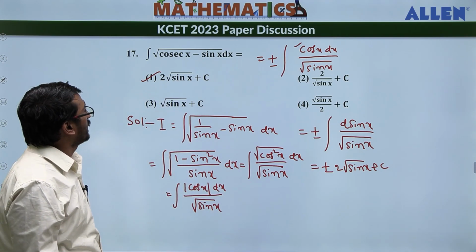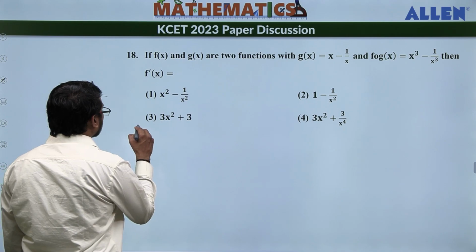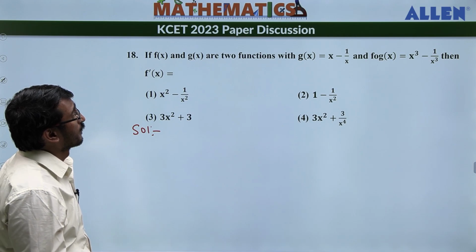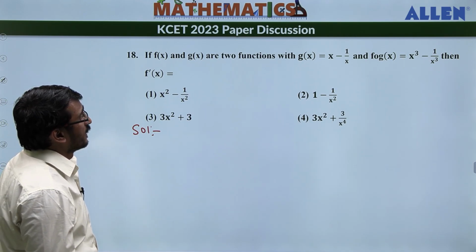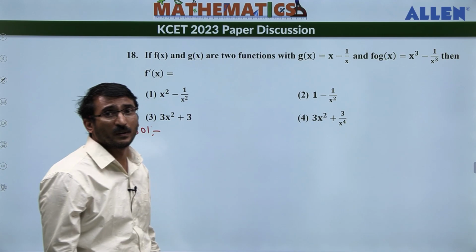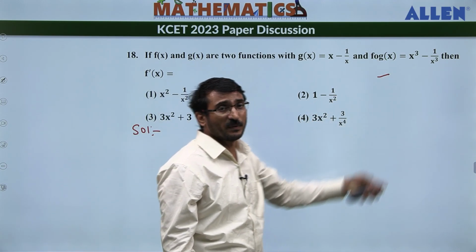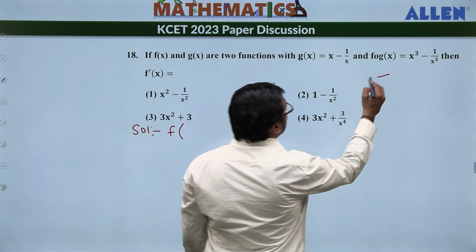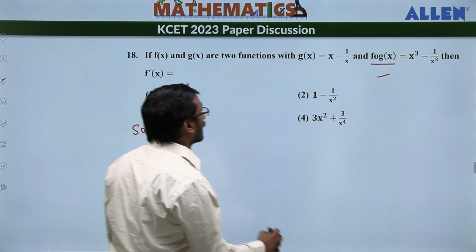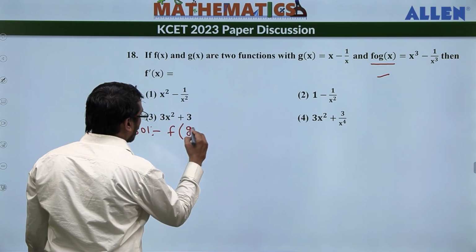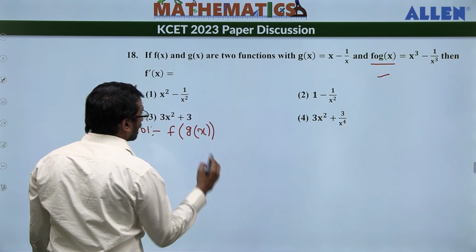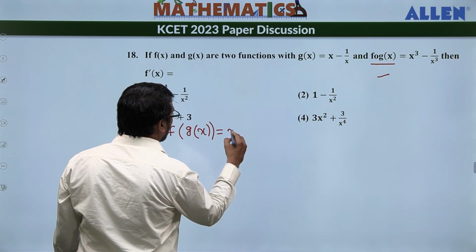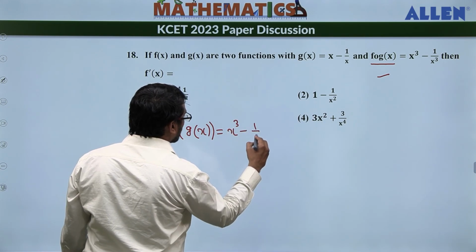Let us move on to question number 18. We are given g of x, and we are given f circle g of x, f of g of x, is equal to x cube minus 1 by x cube.